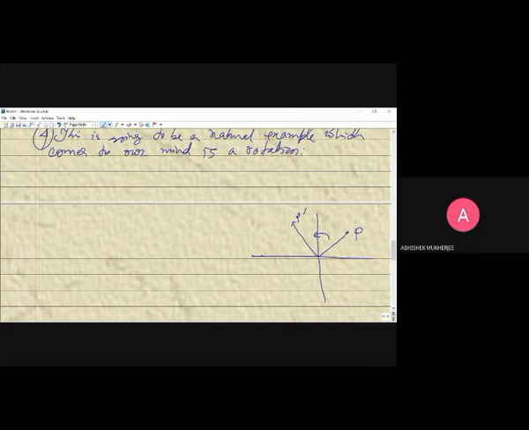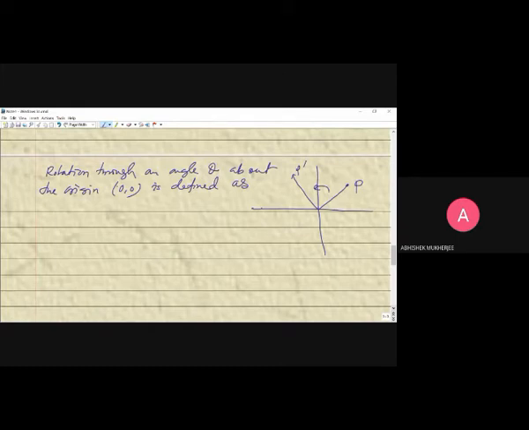That is a map. So rotation through an angle theta about the origin (0, 0) is defined as a map f from R2 to R2 such that f of (x, y) goes to (x cos theta minus y sin theta, x sin theta plus y cos theta).